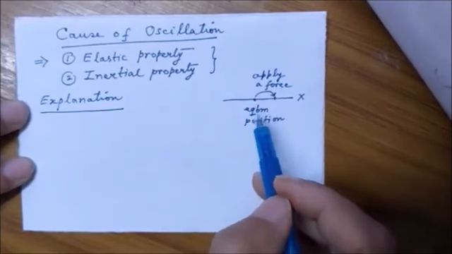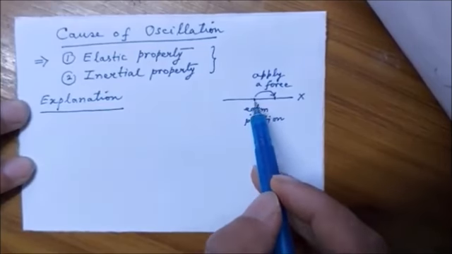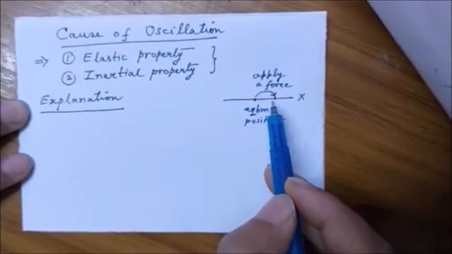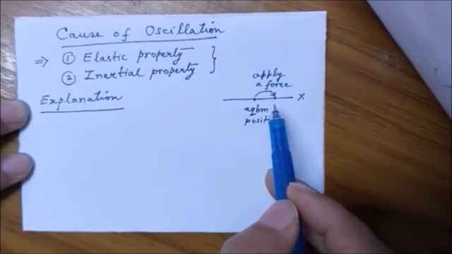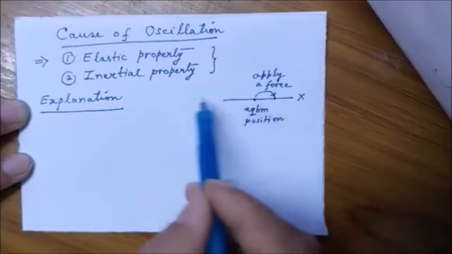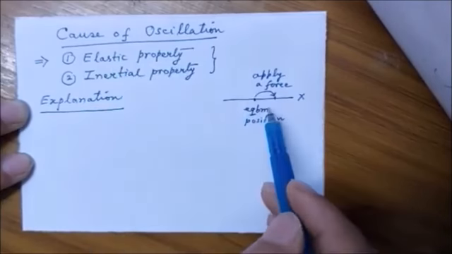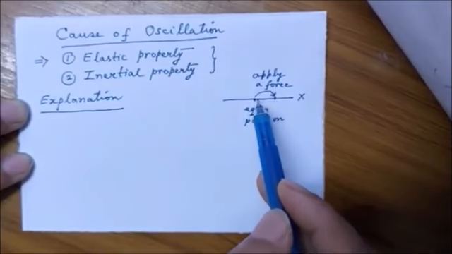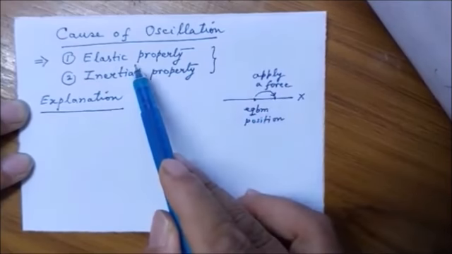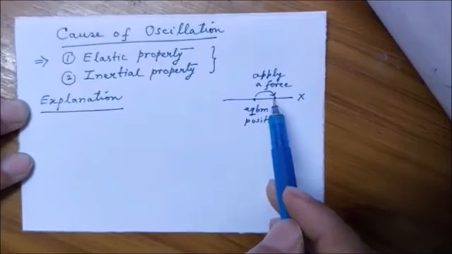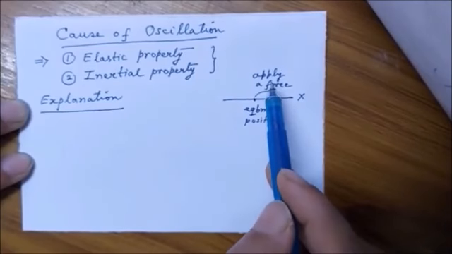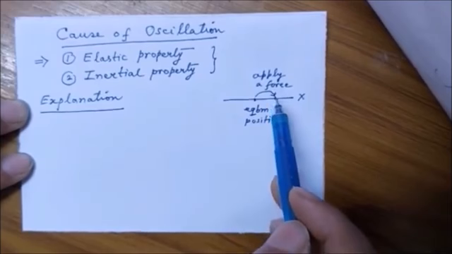As the system that was sitting pretty in equilibrium position was forced to change its position, a reaction force develops within the system, and the property due to which the reaction force develops is referred to as elastic property. So the very development of a restoring force within the particle is because of its elastic property. And this restoring force tries to oppose the applied force, and the two are equal. Applied force is equal to the restoring force.